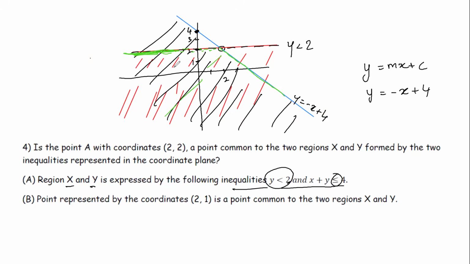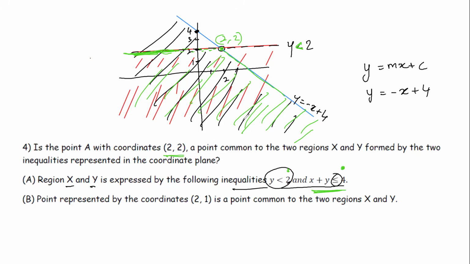Now, when y is lesser than 2, this particular point 2 comma 2 is part of this region, but it's not part of y less than 2. It's at the very corner. If it was less than or equal to 2, then it would be a part of this.